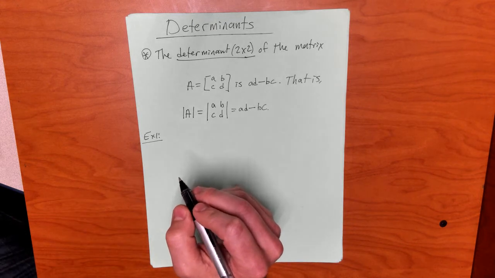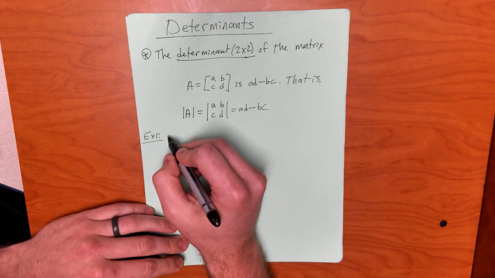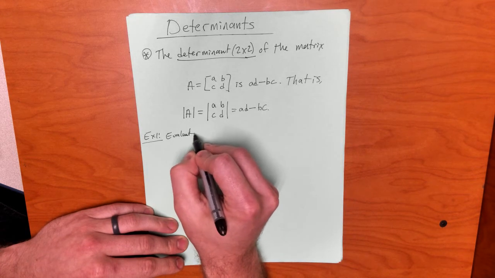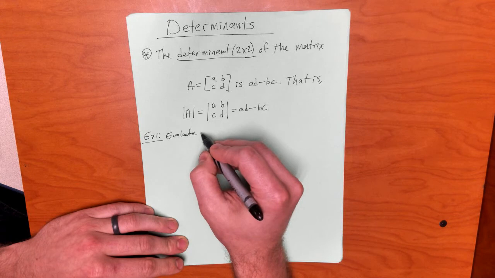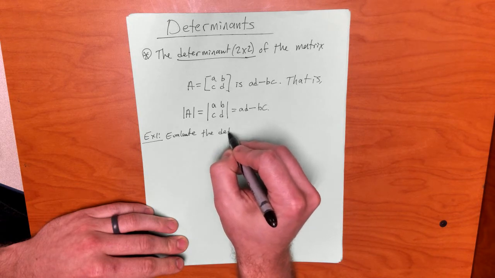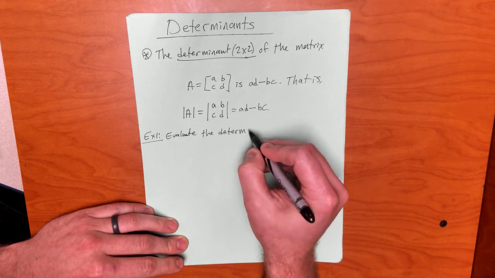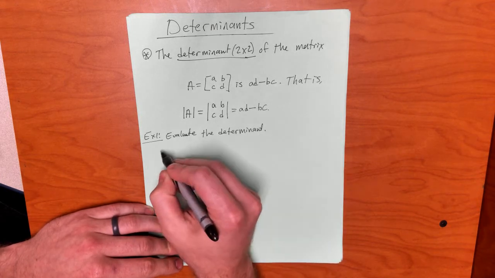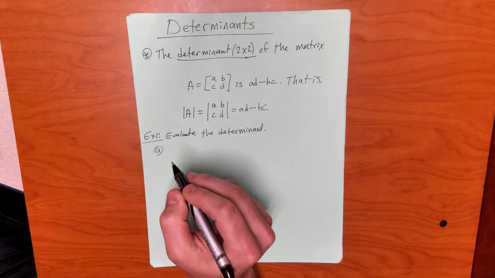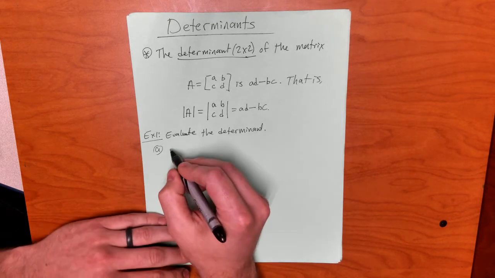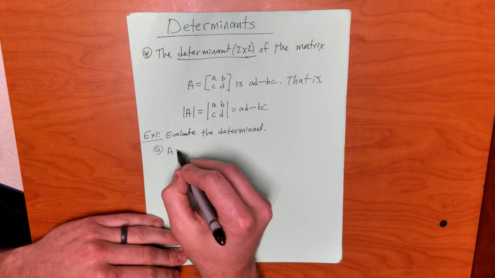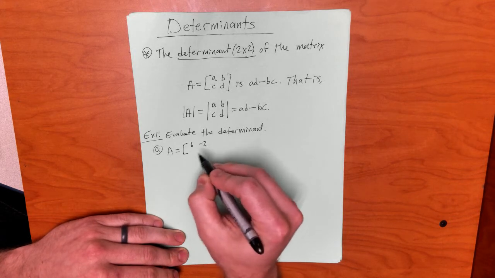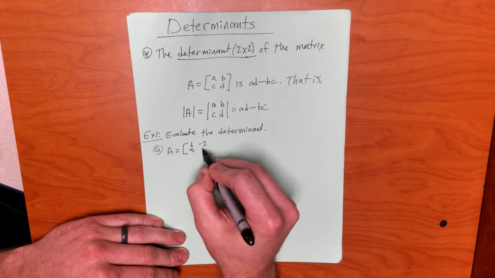Alright, part A, well, let's evaluate the determinant. Alright, and here's part A. Let's say capital A, my matrix, is 6, -2, 5, and 1/3.